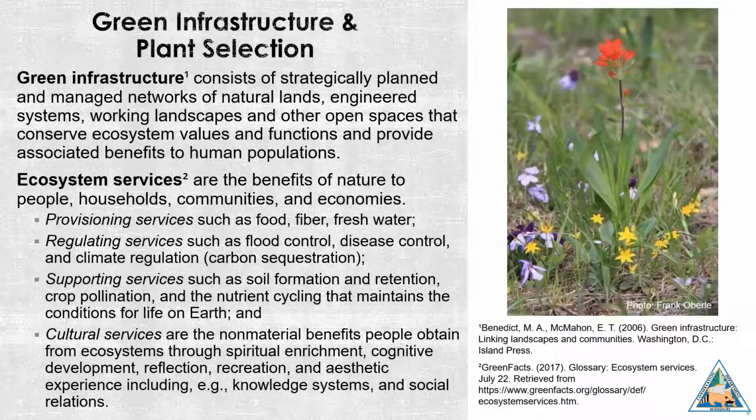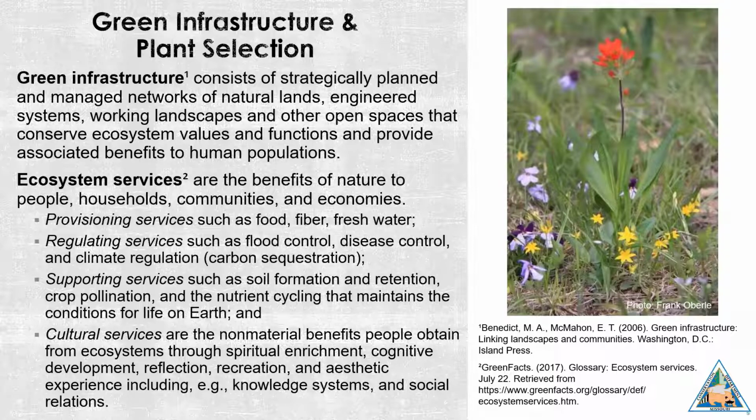The one on this slide is the one that I find makes the most sense to me. And it's that green infrastructure consists of strategically planned and managed networks of natural lands, engineered systems, working landscapes, and other open spaces that can serve ecosystem values and functions and provide associated benefits to human populations.